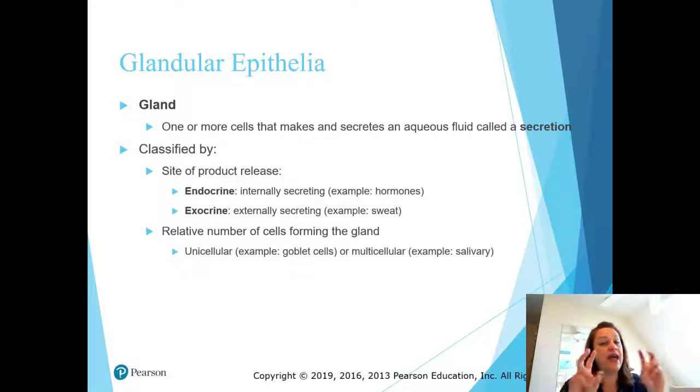So that's considered external. The pancreas also secretes insulin and glucagon and other hormones in an endocrine function into the bloodstream. So exocrine can be a little confusing because one would think that the intestines are internal, but from a glandular standpoint, they're not.